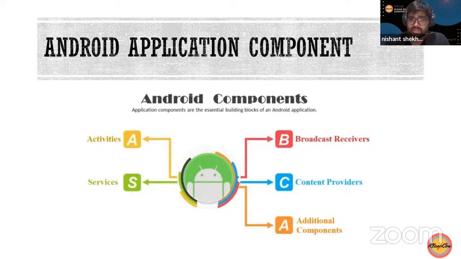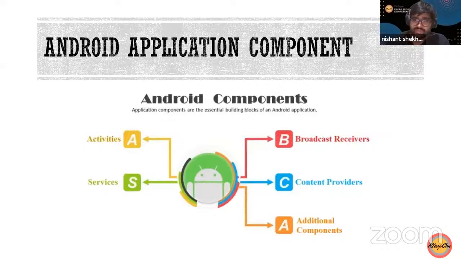Then there are content providers, which are a very important part, in which the application asks the system, the kernel, for permission to use another application for resources, or use the temporary folder or the storage and everything.